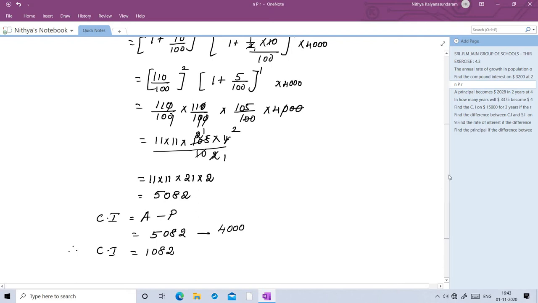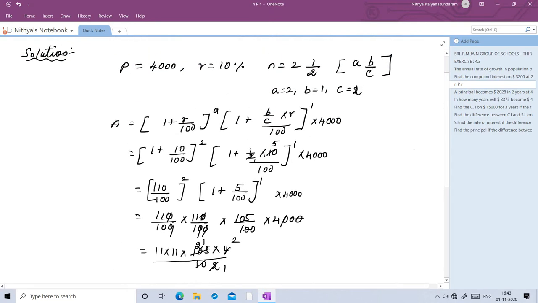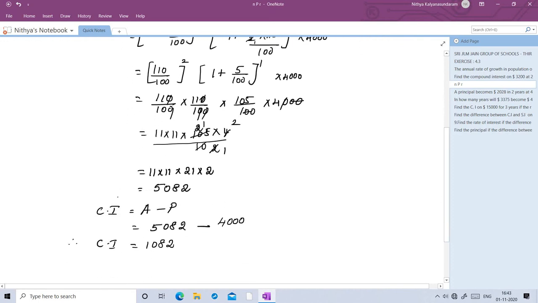So if n is given in A B by C format, our amount formula is 1 plus R by 100 power A, 1 plus B by C into R divided by 100 whole power 1, into the principal amount. So substitute and multiply, you will get amount. After getting amount, we want to find the compound interest, so subtract the principal. So 5082 minus 4000 is 1082.